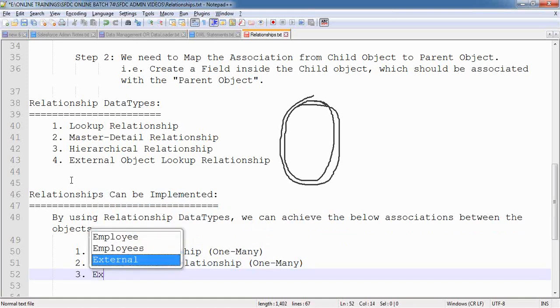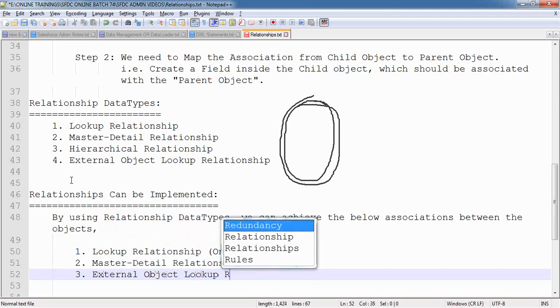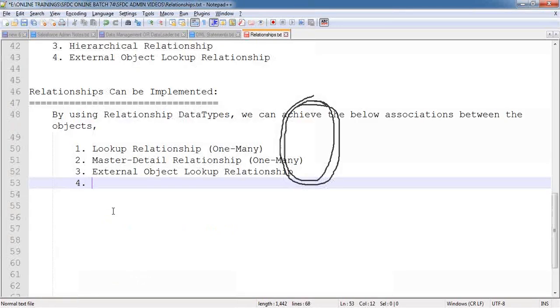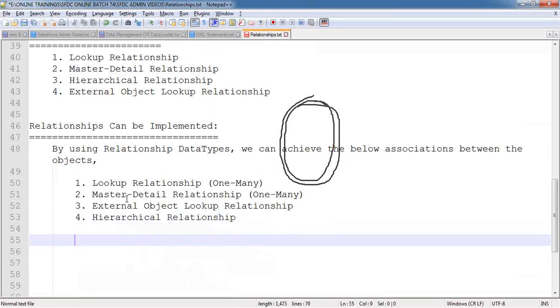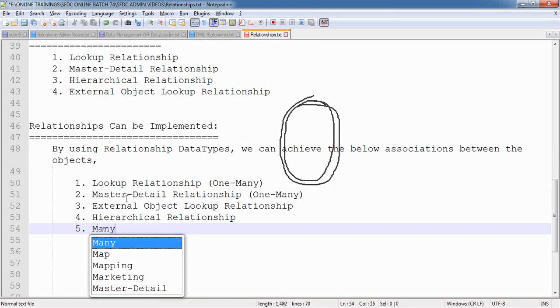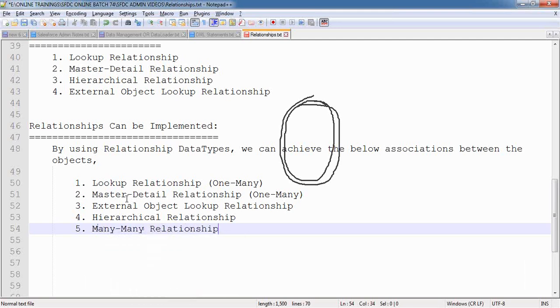And the third one, external object lookup relationship. And the fourth one, we can implement hierarchical association. And the fifth one, we can maintain many-to-many relationship.